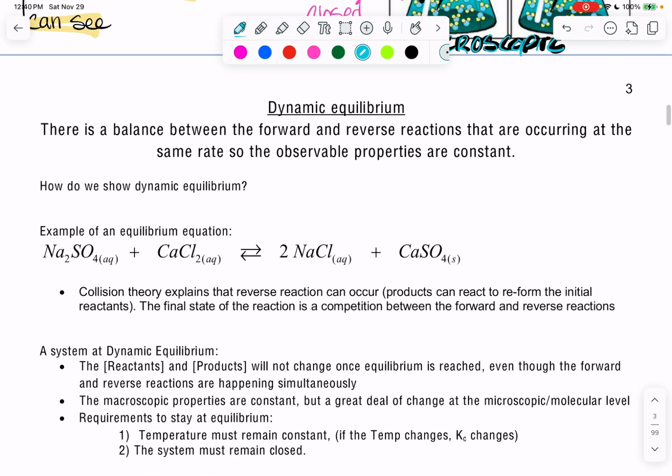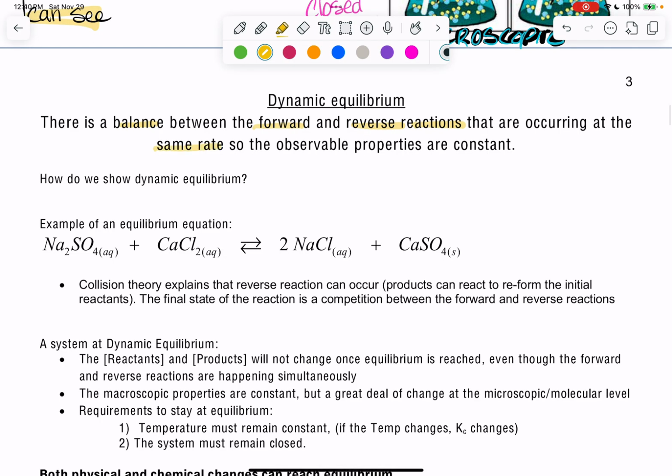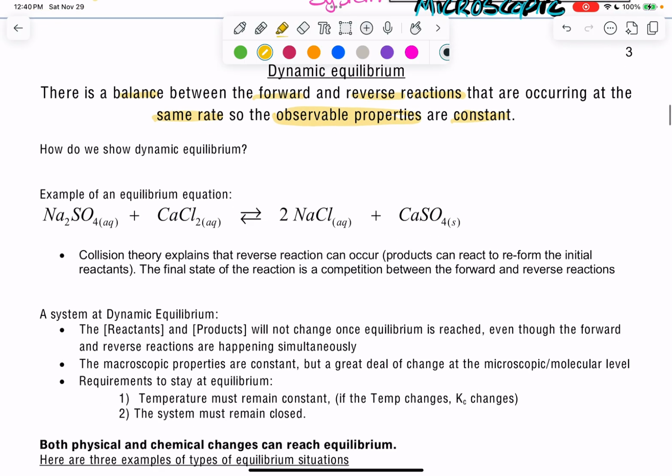In dynamic equilibria, there is a balance between the forward and the reverse reaction. So these exist together. These occur at the same rate. So that means that the properties that we can see or observe remain constant. How do we show that something is in dynamic equilibrium? We use 2 arrows in our reaction. There's a couple of ways that we can show this.